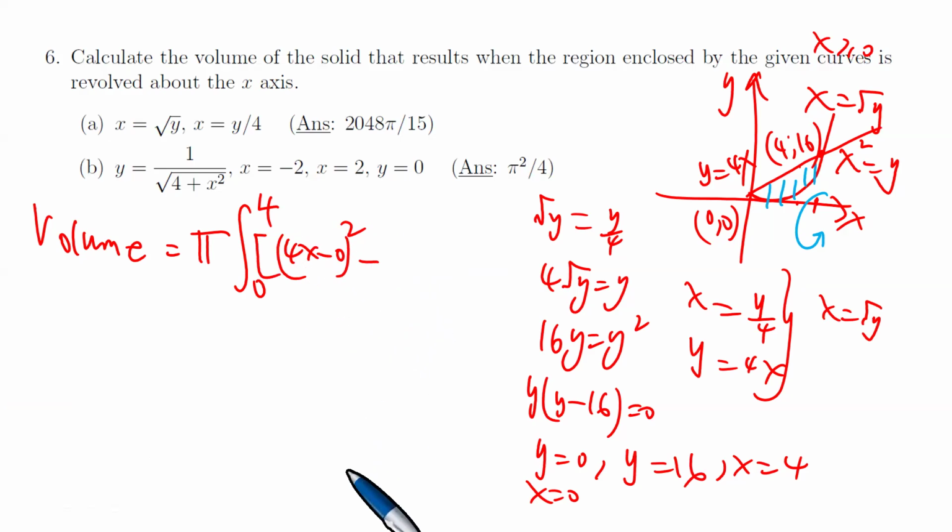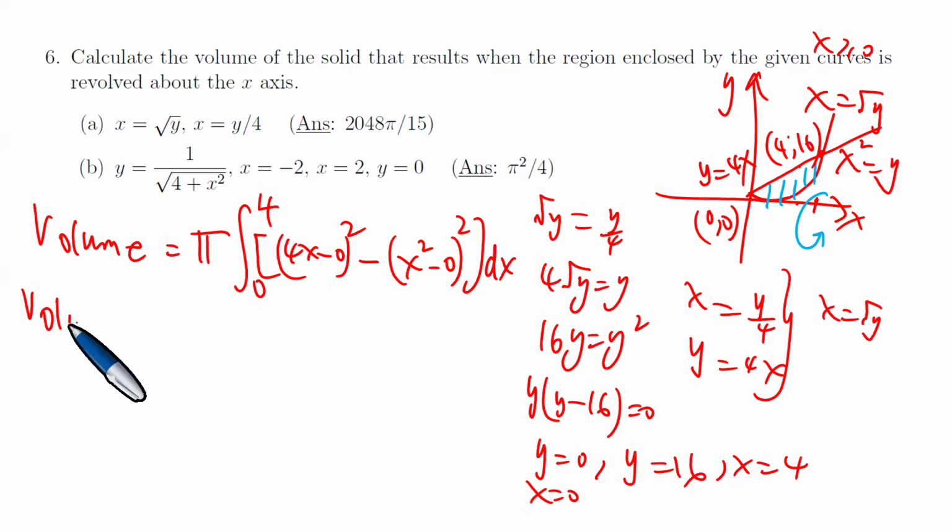And then you subtract also the inner radius. The inner radius becomes x squared minus 0, squared, dx, giving us the volume.